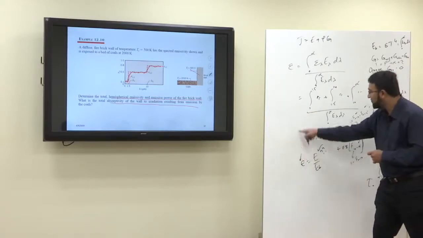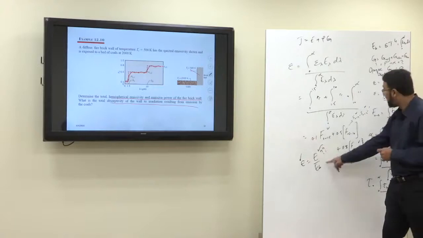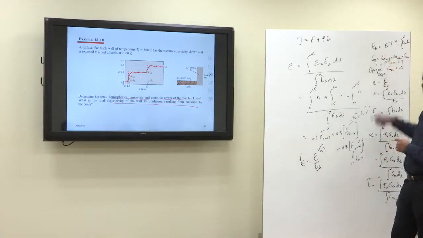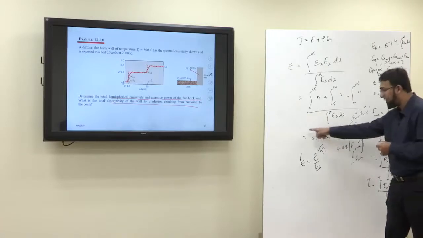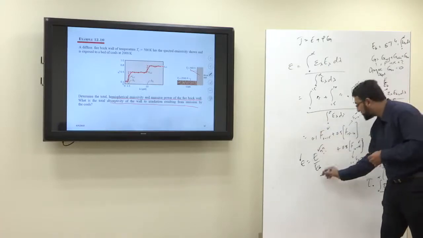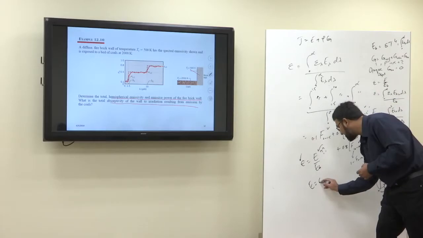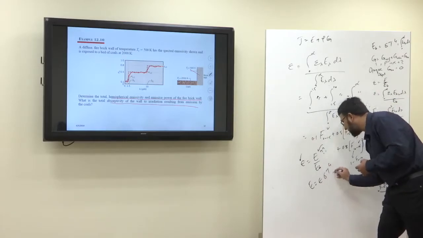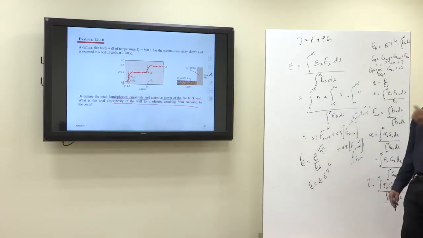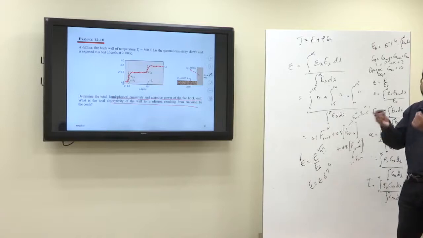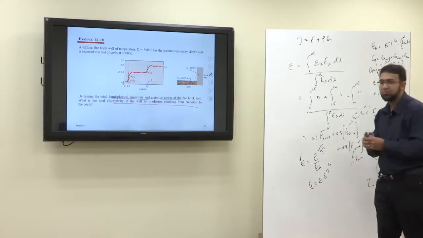Emissivity we already found. EB is sigma T to the power 4. So E will be equal to emissivity multiplied by sigma T power 4, where T is the temperature of the brick wall. That's the emissive power of the brick wall.